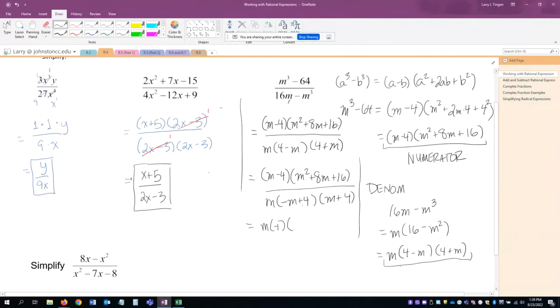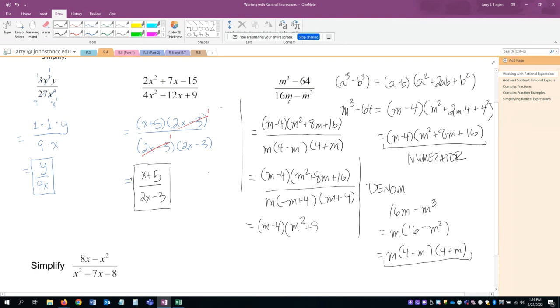Factoring out a negative swaps the signs. So negative m becomes m, positive 4 becomes negative 4, and now they match, right? So I'm going to write that out. I'm going to keep writing the numerator because it is important that this keeps going. So numerator, m minus 4.